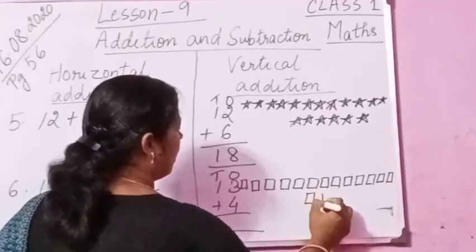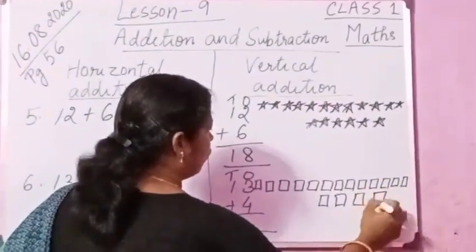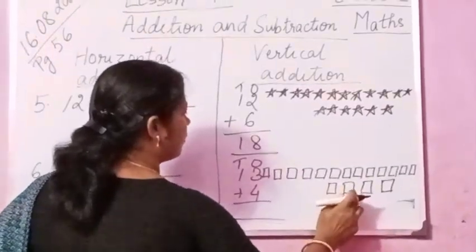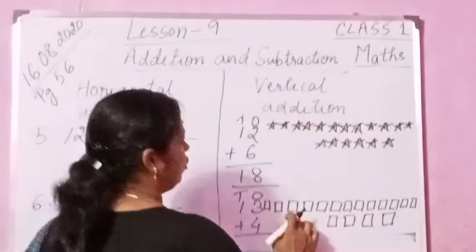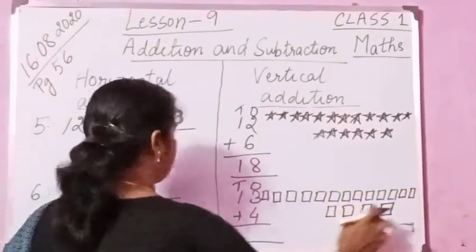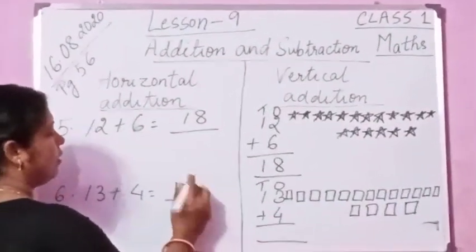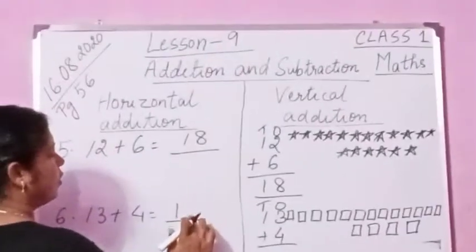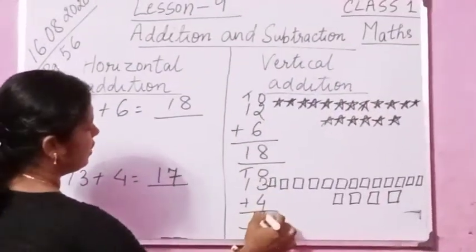And plus 4. 1, 2, 3, 4. Okay, now let us count. 1, 2, 3, 4, 5, 6, 7, 8, 9, 10, 11, 12, 13, 14, 15, 16, 17. So 13 plus 4 equal to 17. Here also you write down 17.